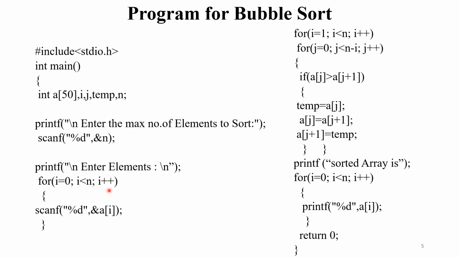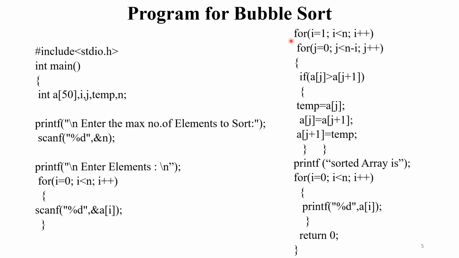Then i plus plus means i is incremented by 1. So here i is equal to 1. So address of a of 1 means we enter the second value in the first index. So on, we enter all the values.